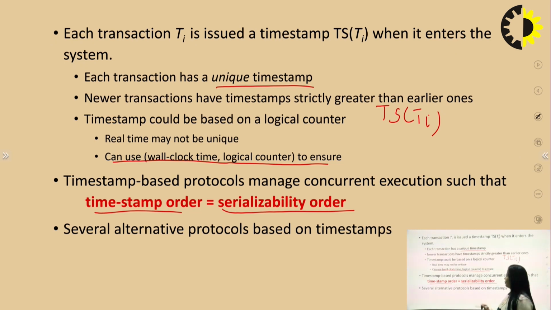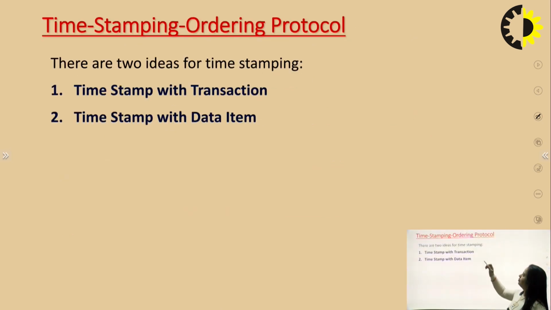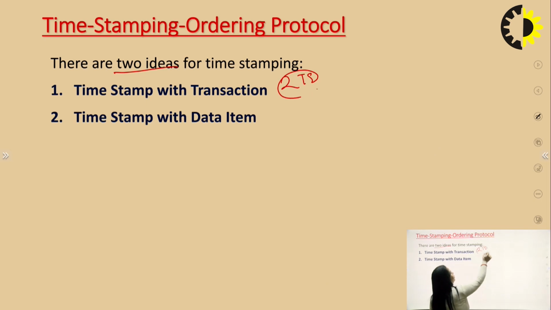There are several alternative protocols based on timestamps. Depending upon this idea of timestamping, we have different protocols, and one of them is the timestamp ordering protocol. Here, in the timestamp ordering protocol, we basically have two timestamp values.